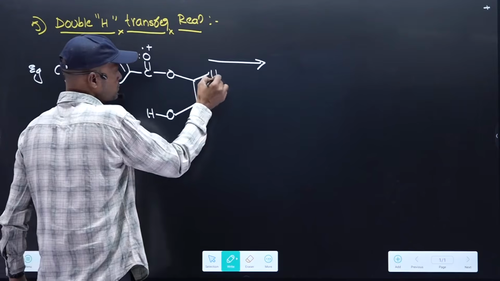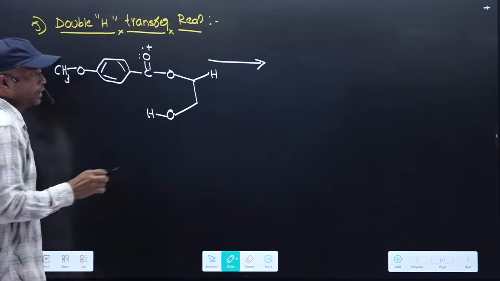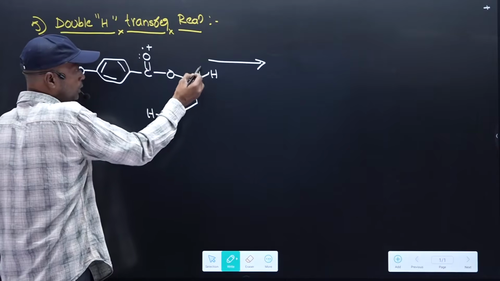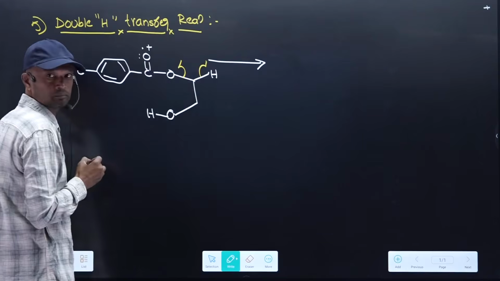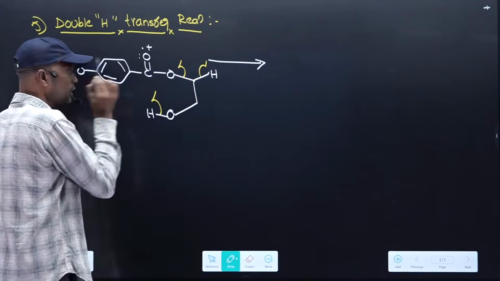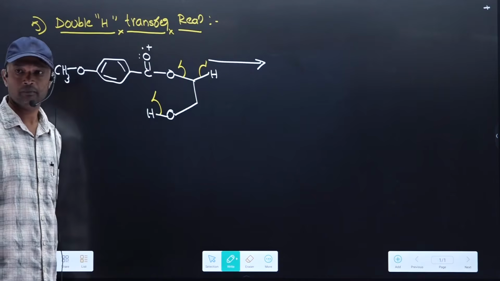Now here one hydrogen atom is present. Here also one hydrogen is there. Clear? Now I am breaking this bond homolytically. And here also I am breaking homolytically, and here also homolytically. How many center fragmentation? 3 center, right?